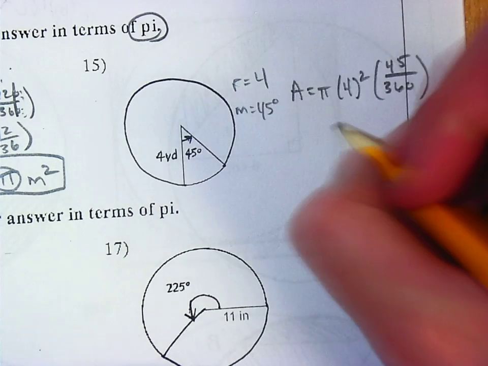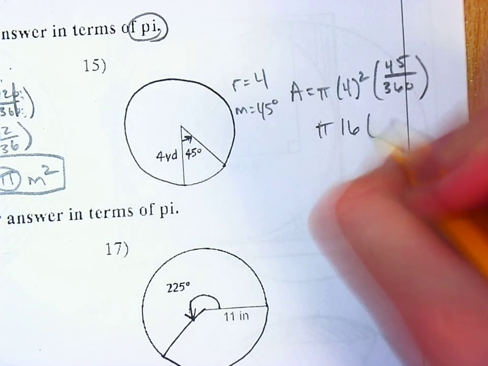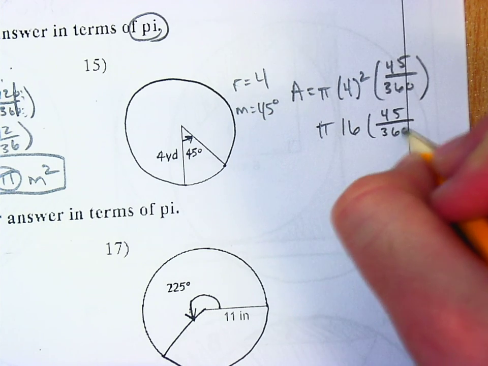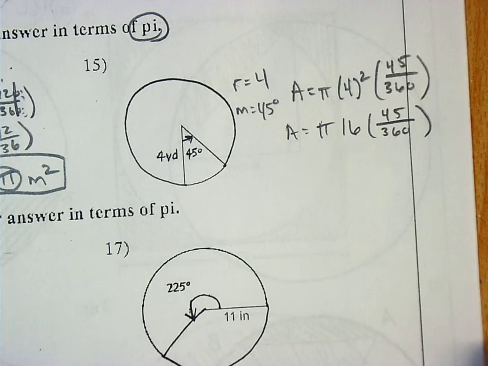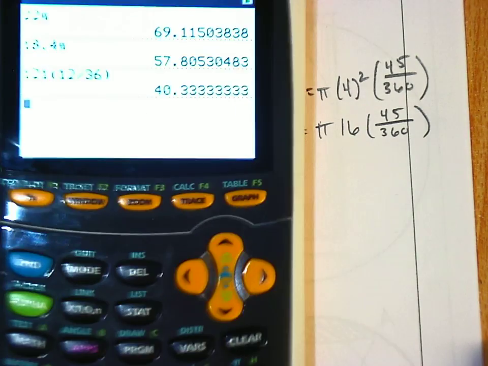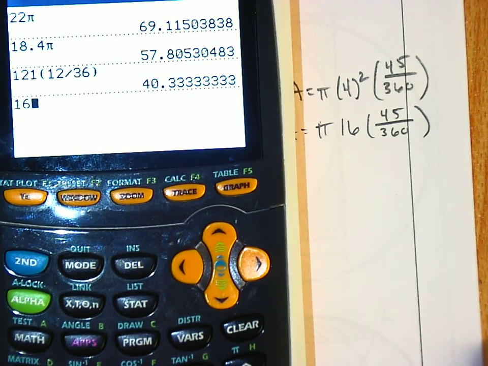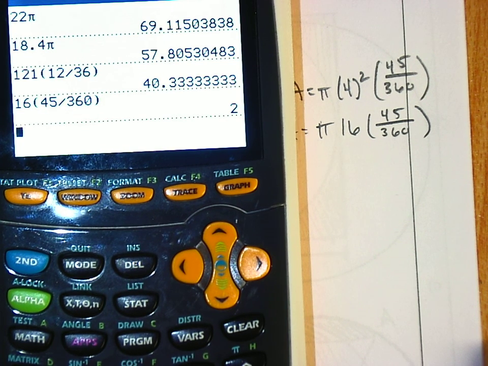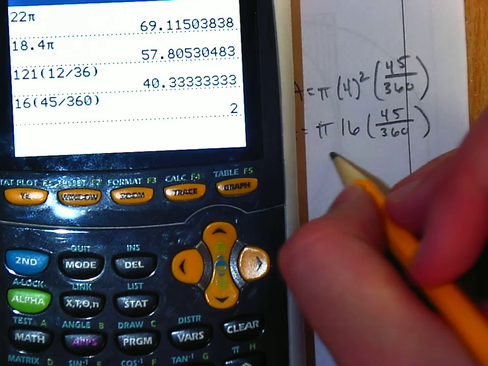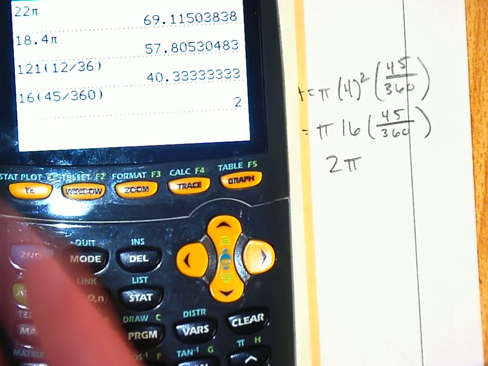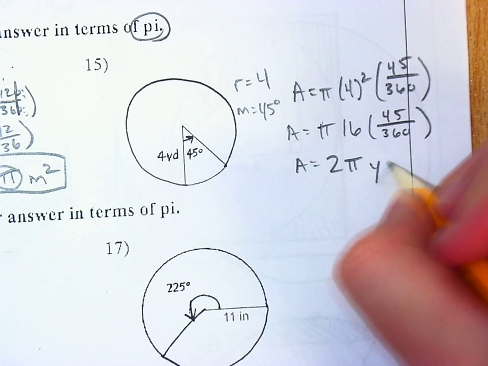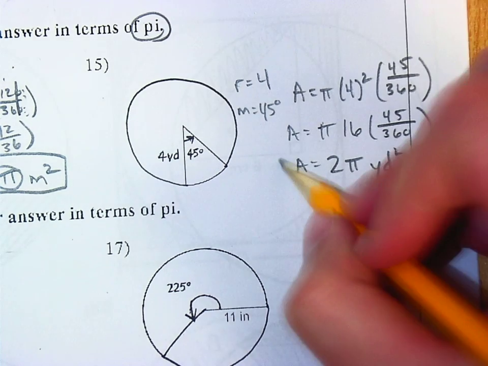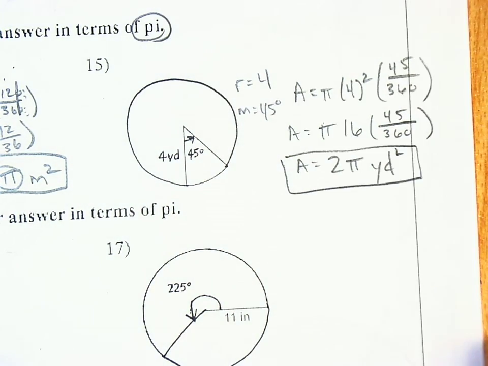Well, 4 squared is 16, but I don't know what 45 over 360 is, so I'm just going to leave it as you see it. Then I'll type into my calculator 16 times 45 over 360. Oh, interesting. It comes out to 2 pi. Some of them might work out that way. And this is going to be yards squared because it's area.